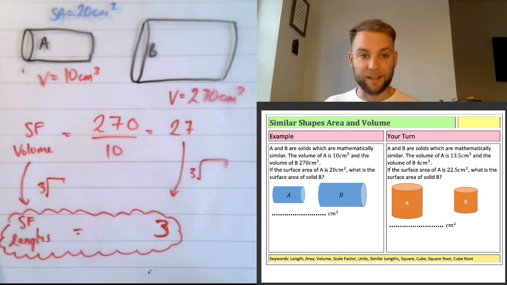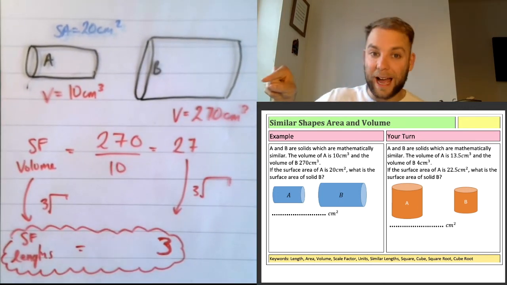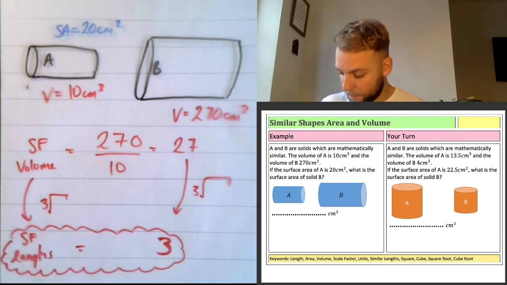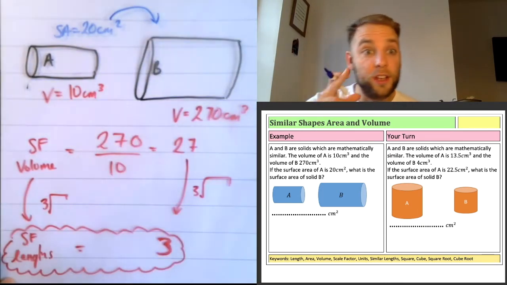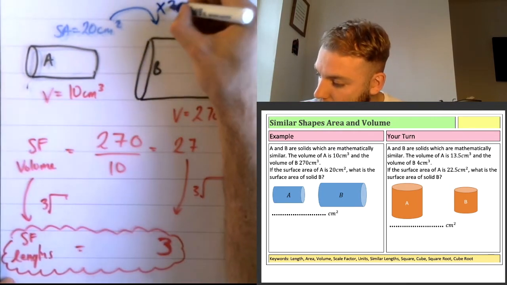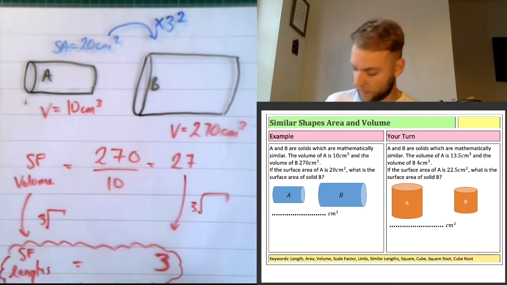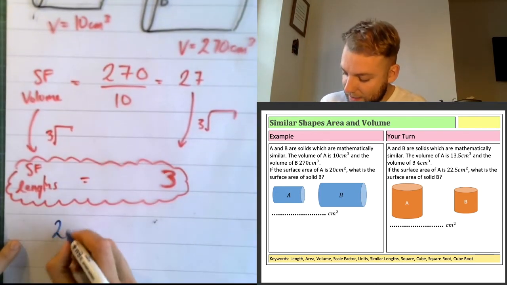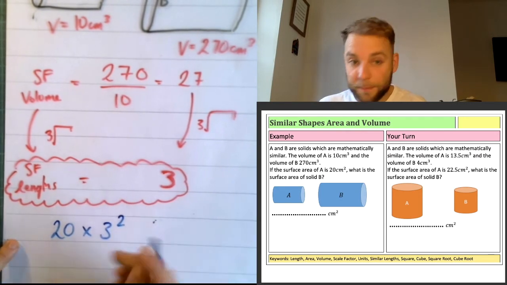If I don't have any lengths, I have a surface area that I want to work out. So if I want to work out the larger surface area, I need to times by the scale factor for the lengths squared. So times by 3 squared in this case. So it's going to be 20 times by the scale factor squared, because it's area.